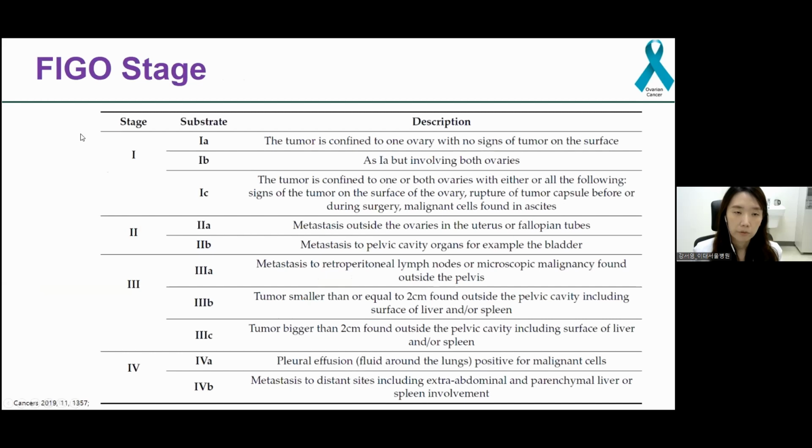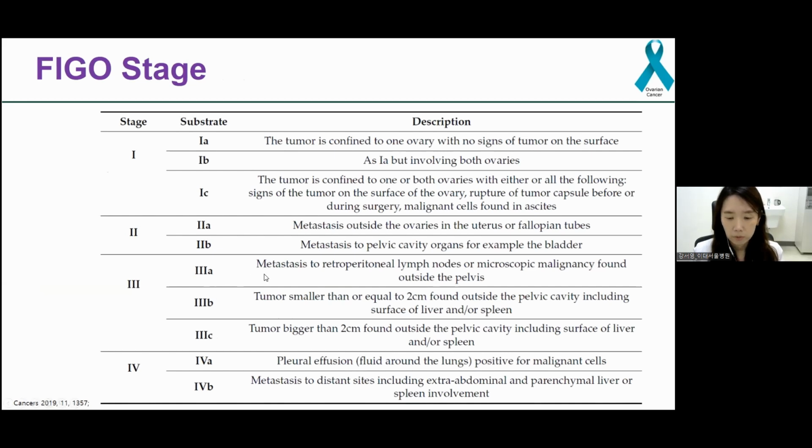So this is the FIGO stage of ovarian cancer. Stage 1 ovarian cancer is confined to the ovaries. Stage 2 ovarian cancer has metastasized to nearby locations within the pelvic cavity, such as the fallopian tubes or bladder.